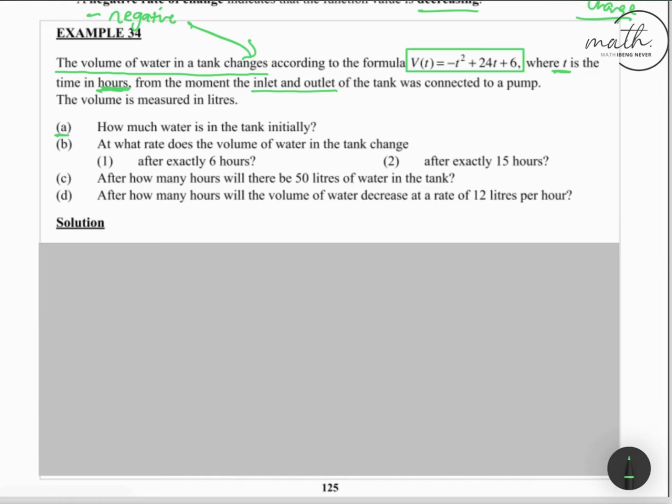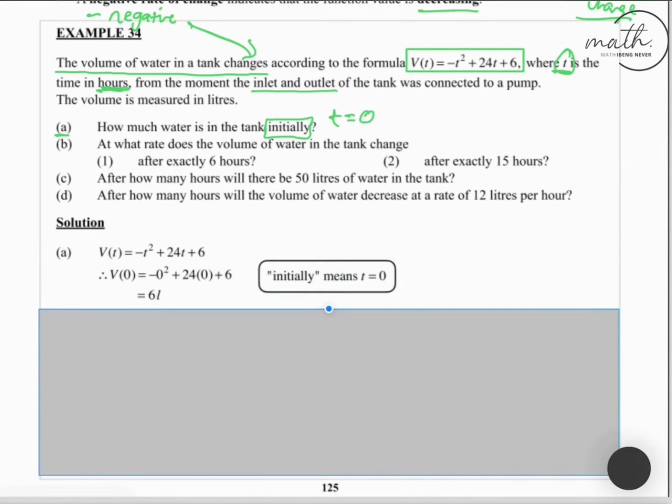Now this one, they like using the word initially. So with initially, you need to understand if you have an equation here with t being time, initially means time is 0, when we haven't started the time. So you just go to the formula, put t equal to 0, and then you get that initially we had 6 liters based on the formula.